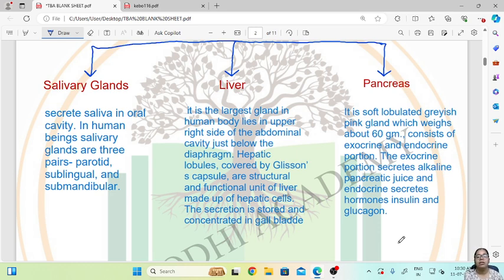So these are the secretions of the pancreas. The pancreas helps in the digestion of the emulsified fats and also in the digestion of protein. So these are the three main glands in the human digestive system: salivary gland, liver and pancreas.